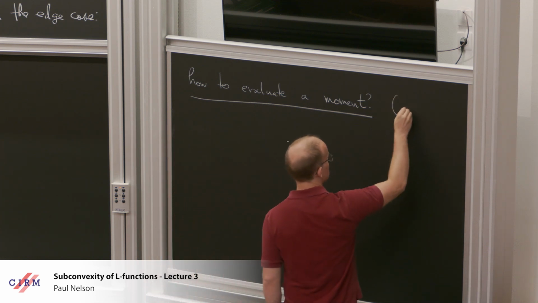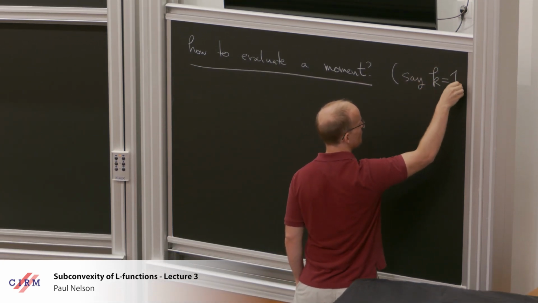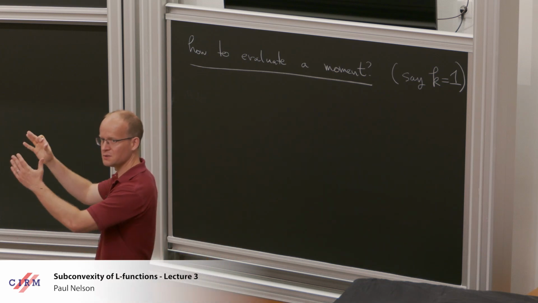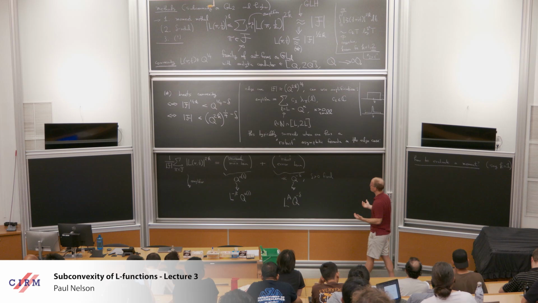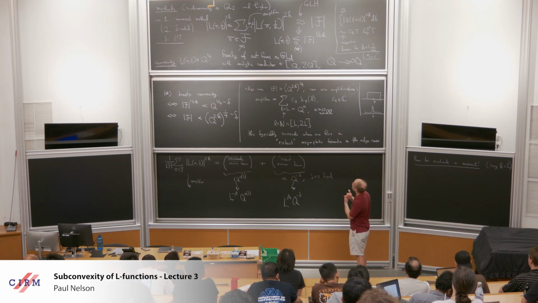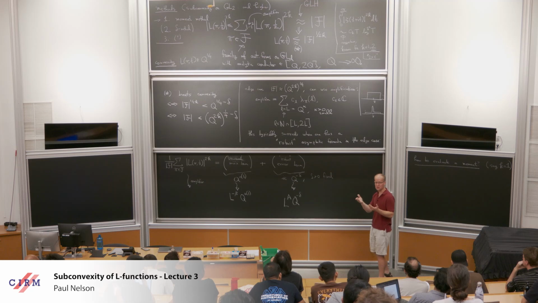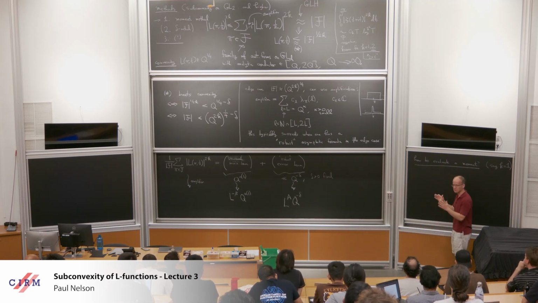So maybe let's focus on the case when k is equal to 1. In the above notation, this just says that we're taking the squared magnitude of something and summing it. And we can always formally reduce to that case by treating the kth power of the L function as an L function in its own right. So it's just a matter of notation to reduce to that case.